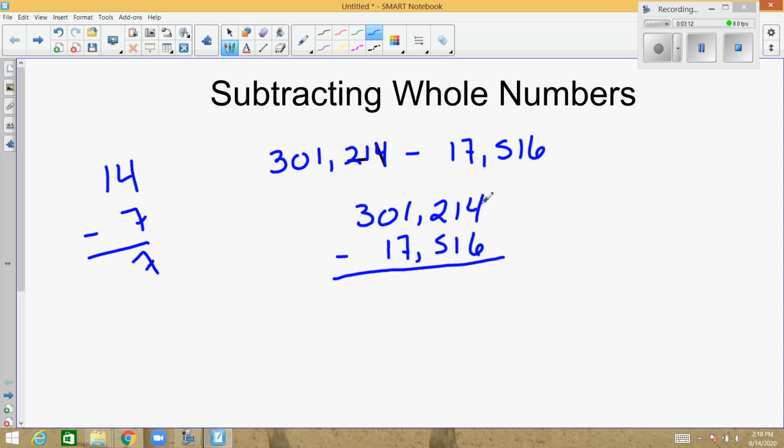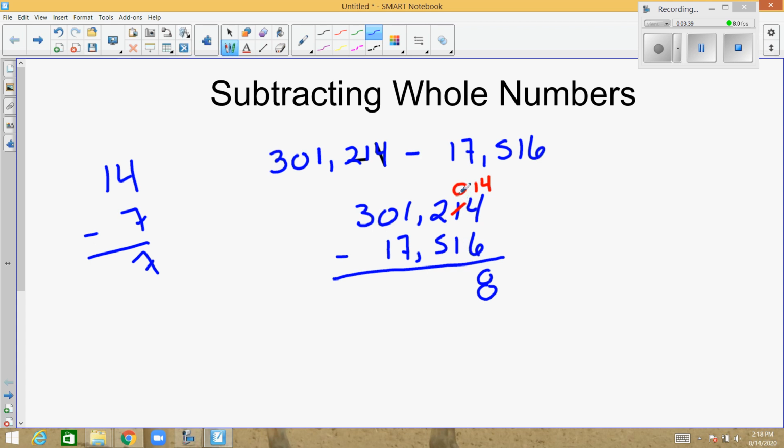So if we go back, the 4 is not big enough. So I'm going to borrow. This guy goes down to 0. That brings me 10 plus 4, which is 14 over here. Now I can subtract 6 from it, making it 8. Now, if I come back over here, I'm subtracting 1 from 0.